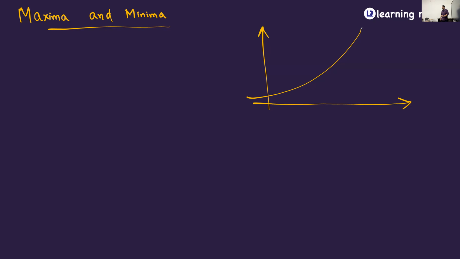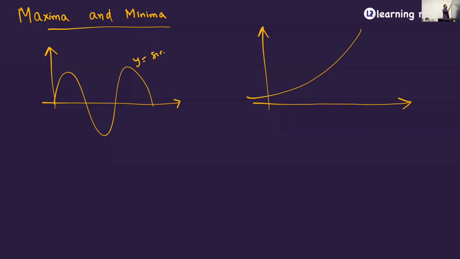But there will be certain instances where you will have functions which have ups and downs like this. What is this? This is the graph for y is equal to sin x. Whenever you have ups and downs within the same function, in the domain of that function, if the function is increasing and then decreasing, according to the previous exercise, we say that the function is neither increasing nor decreasing in the given domain.